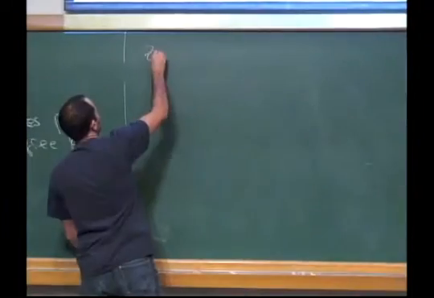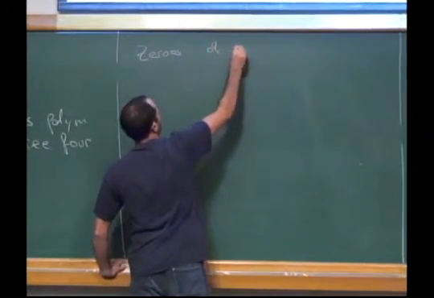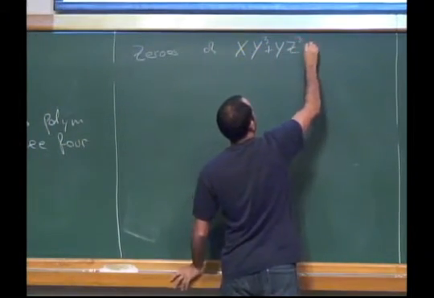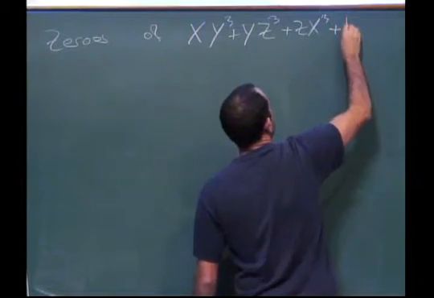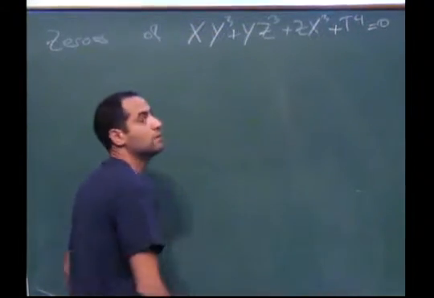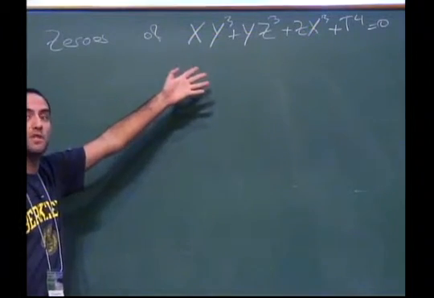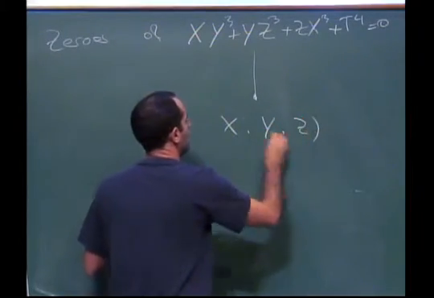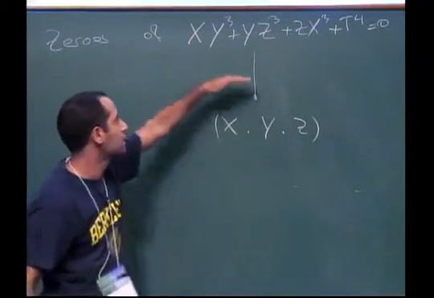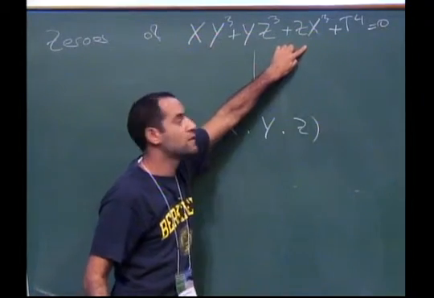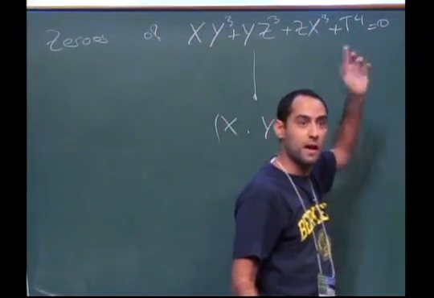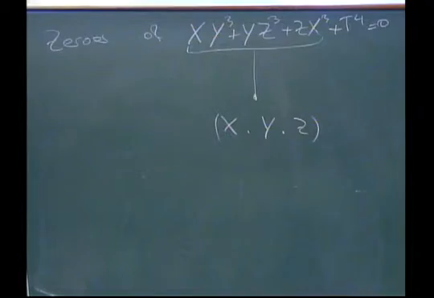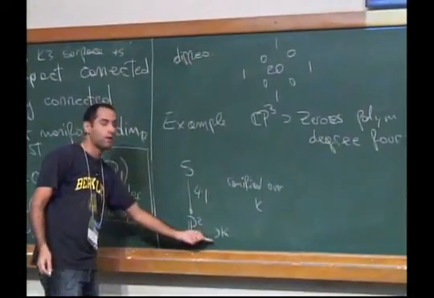You look at the zeros of x y cubed plus y z cubed plus z x cubed plus t to the fourth equal to 0. So that's a surface inside of CP3. These are the 4 homogeneous coordinates of CP3. And you map this to P2 by the coordinates x, y, z. Right? So if this polynomial, which is my Klein's quartic, is not 0, then there are 4 solutions to that equation. t to the fourth should be a non-zero number. And this is ramified whenever this is 0. So this is a covering of P2, 4-to-1 generically, and ramified over a Klein's quartic.